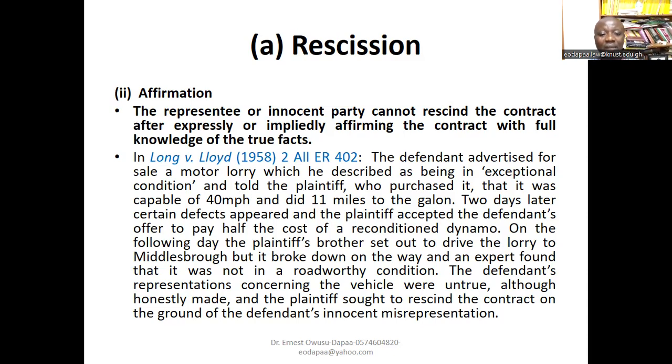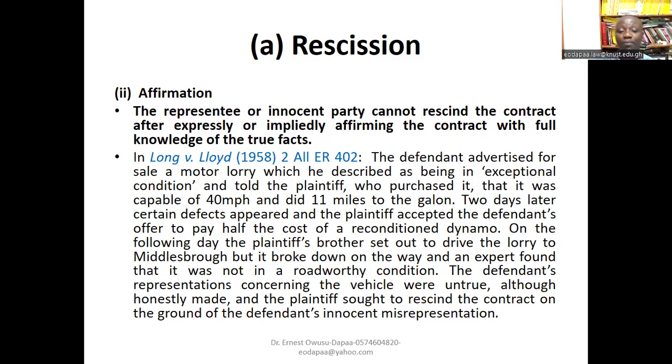And that is exactly what happened in the case of Long against Lloyd. The defendant advertised for sale a motor lorry, which had been described as being in exceptional condition, and told the plaintiff who purchased the lorry that it was capable of 40 miles per hour and did 11 miles to the gallon. 2 days later, certain defects appeared, and the plaintiff accepted the defendant's offer to pay half the cost of a reconditioned dynamo.